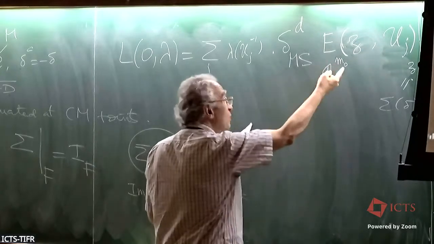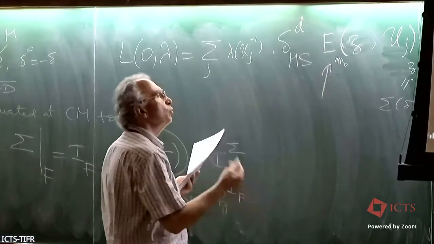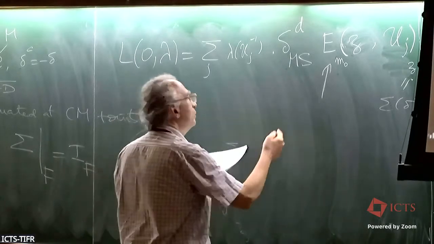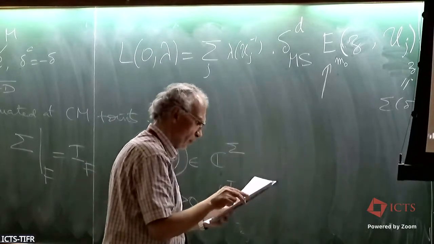And so these Eisenstein series give rise to a p-adic measure on some torus.